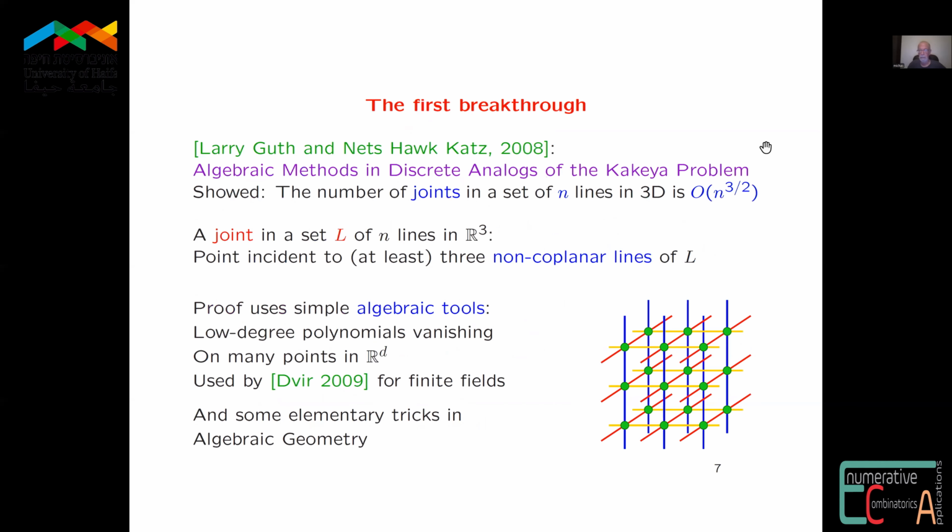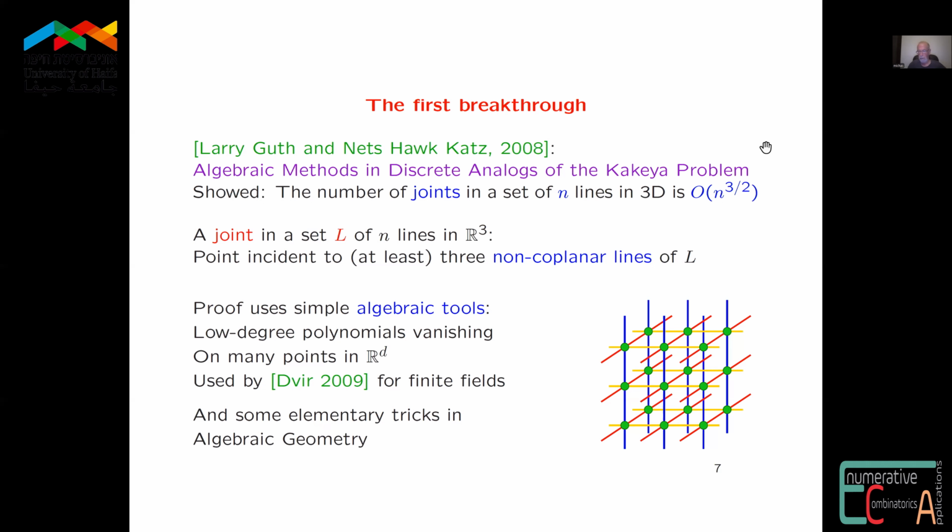So the first breakthrough. Here are the official heroes of the development, Larry Guth and Nets Hawk Katz. They are not combinatorial geometers, but they got interested first in a related problem, the number of joints in an arrangement of lines in space.